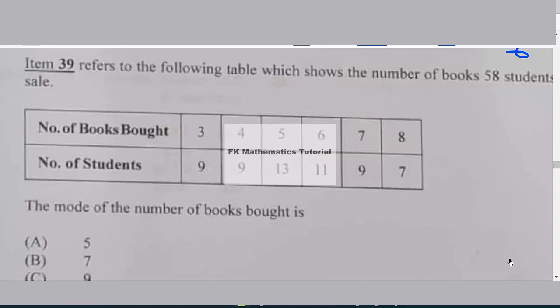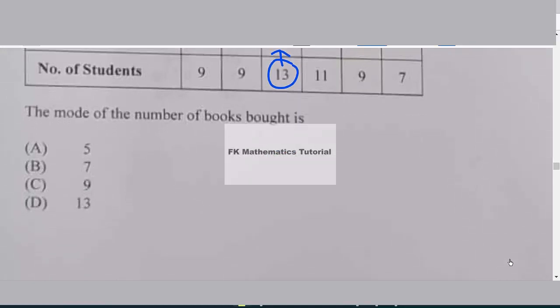The mode of the number of books bought is, mode is the most occurring item. So we look at the number of students that is many, which is 13, and the number of books bought is 5. So the mode of the number of books bought is 5.